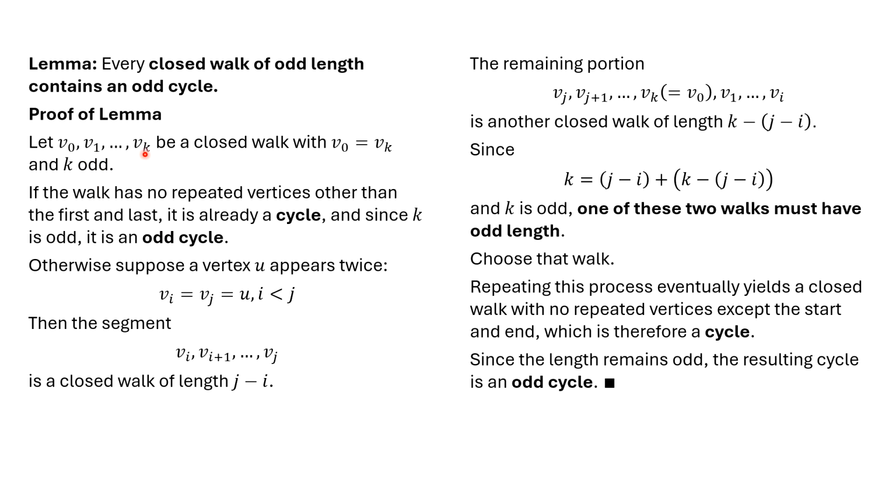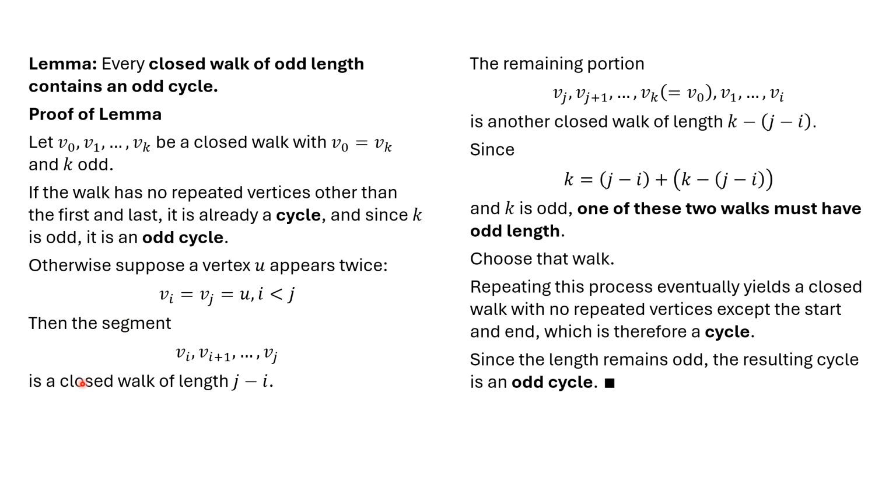So somewhere in this list here, we have v sub i equals v sub j, where i is less than j, and they both equal U. So that would give you a segment like this here. Again, this would be U, this would be some vertices in between, then you would have U again.